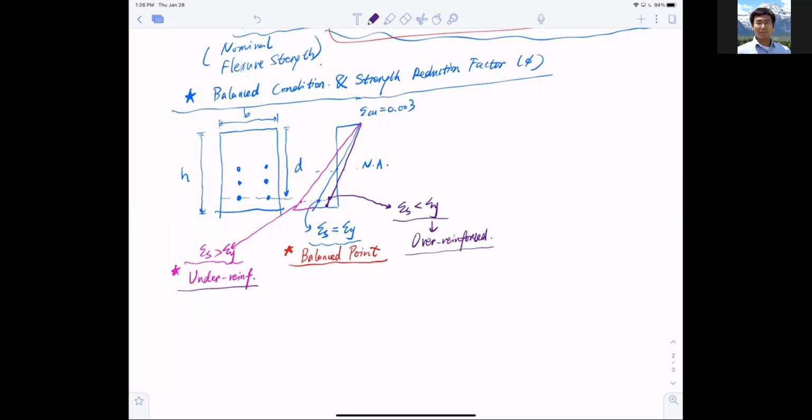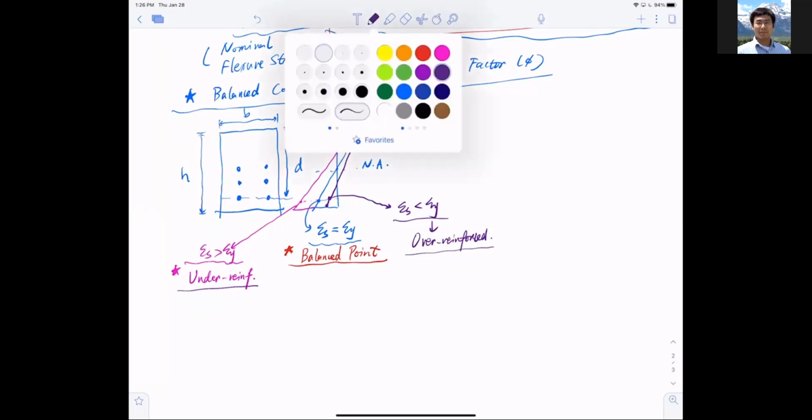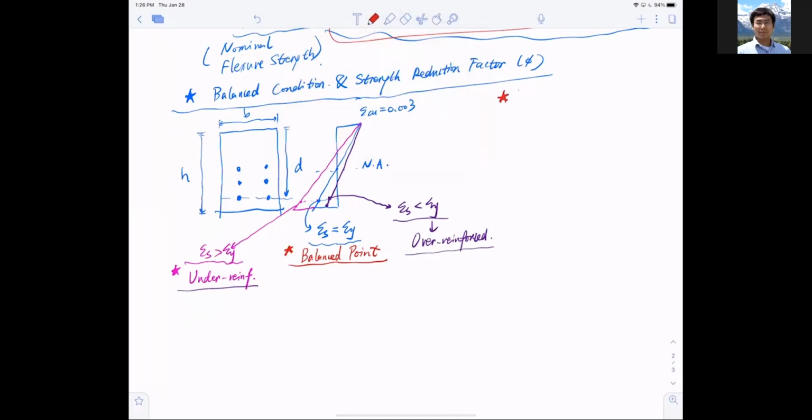Now, let's talk about these three conditions. First of all, let me use the right color so we can color code it correspondingly. First of all, balanced condition. This is just the terminology. Numerically, what does it infer? It infers that epsilon s equals epsilon y.